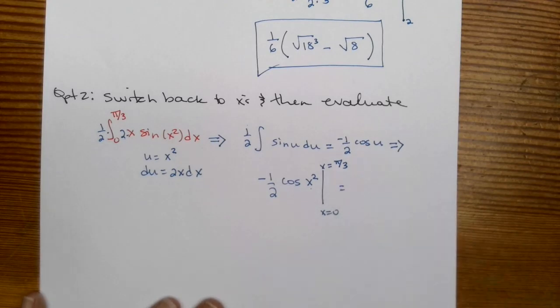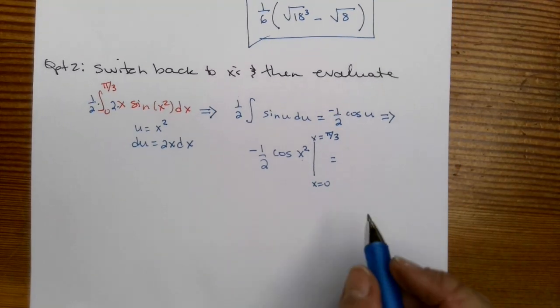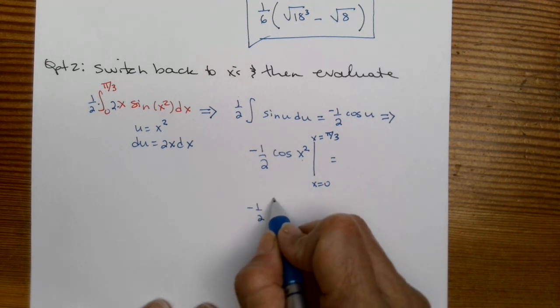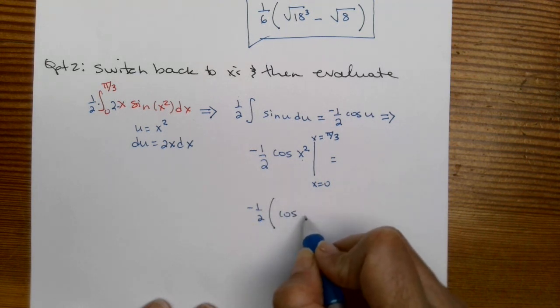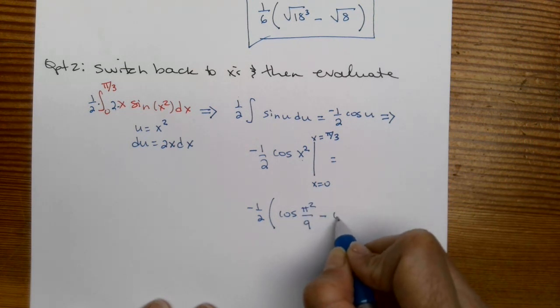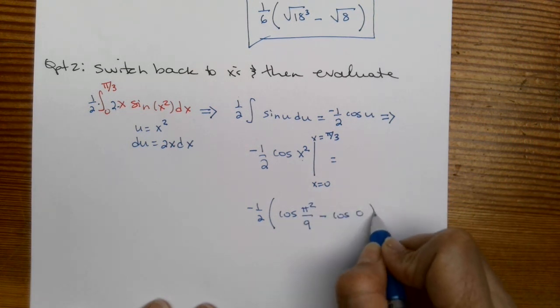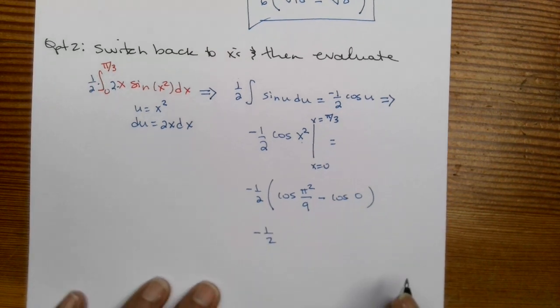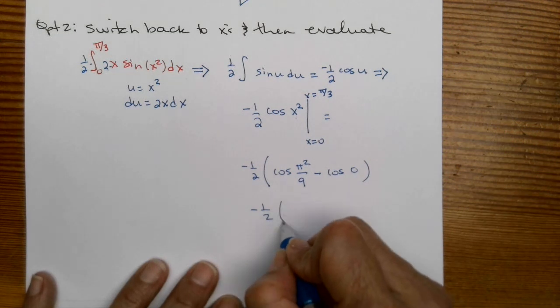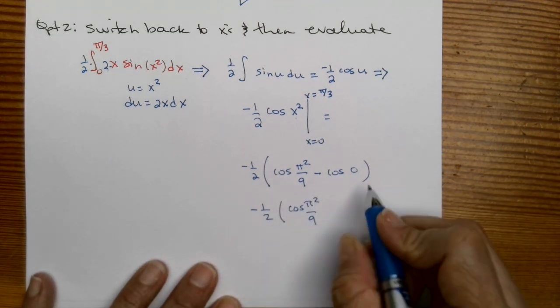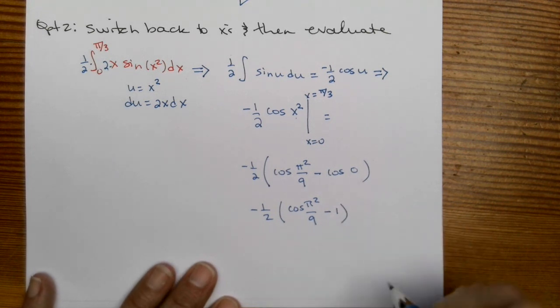Okay, so let's see what that is. Negative 1/2, that's multiplying everybody, so I'm going to do parentheses, the cosine of pi squared ninths minus the cosine of 0. I don't know what the cosine of pi squared ninths is, but we'll say negative 1/2 times the cosine of pi squared ninths, and then cosine of 0 is 1.